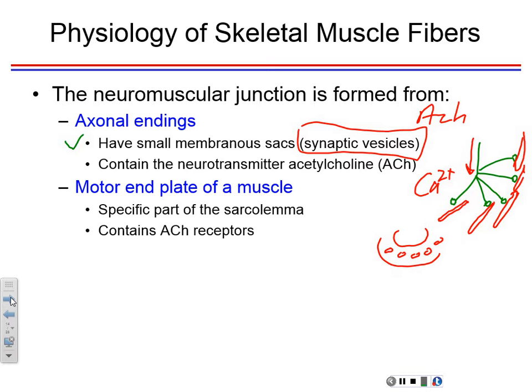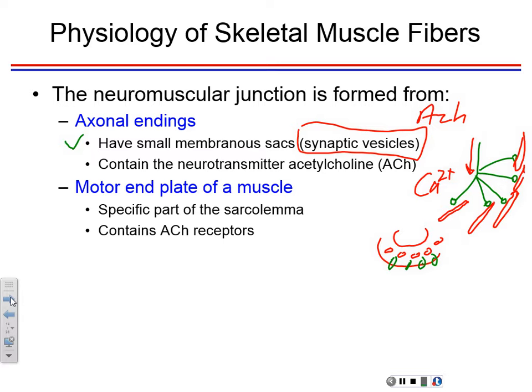To those receptors right here, those sodium ligand-gated channels. The part of the muscle fiber or muscle cell membrane that has these sodium ligand-gated channels is what's called the motor end plate.